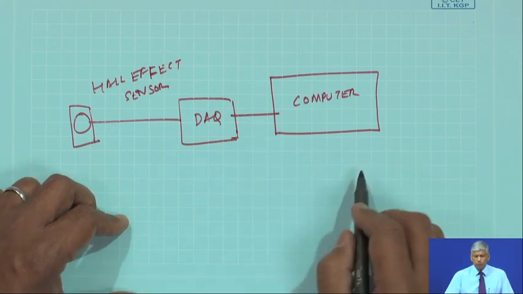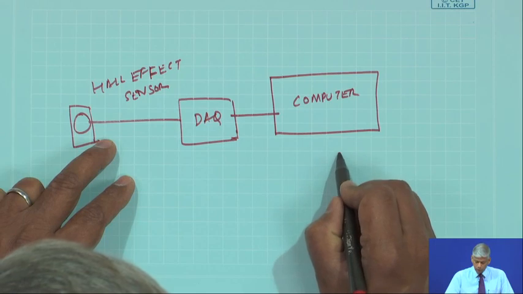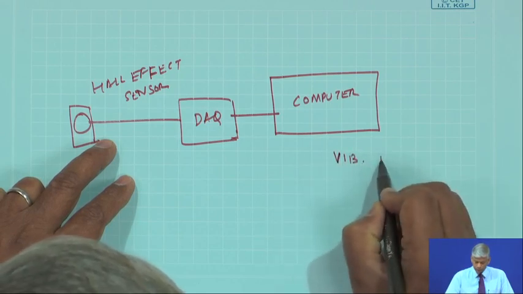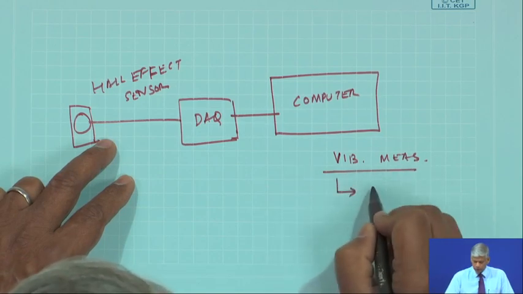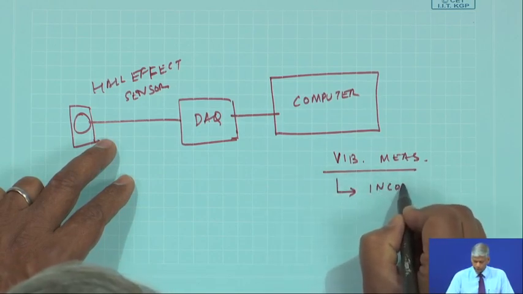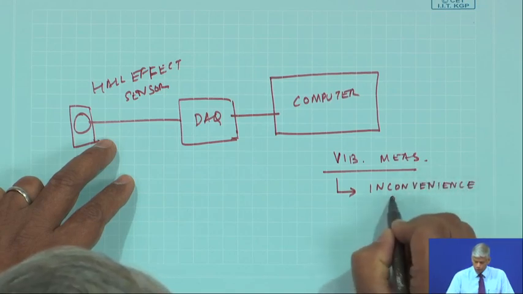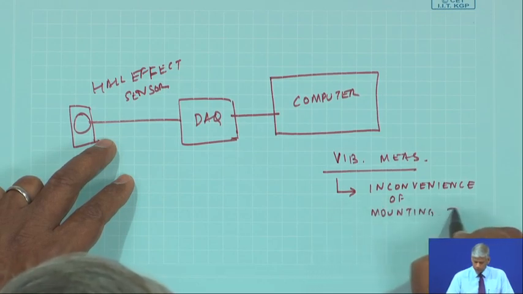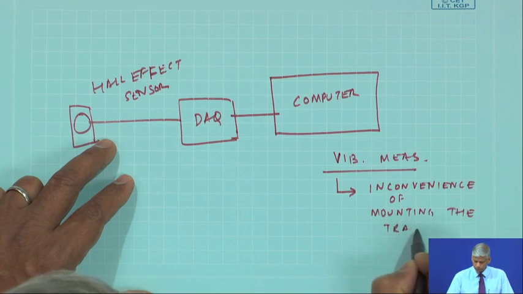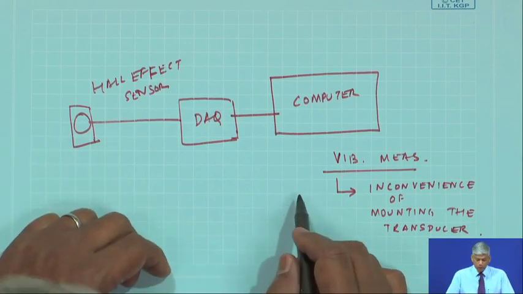So, this is a very cheap method, very cost effective compared to vibration measurements, because the essential problem with vibration measurement is the inconvenience of mounting the transducer. So, this is becoming very popular, the motor current signature analysis.